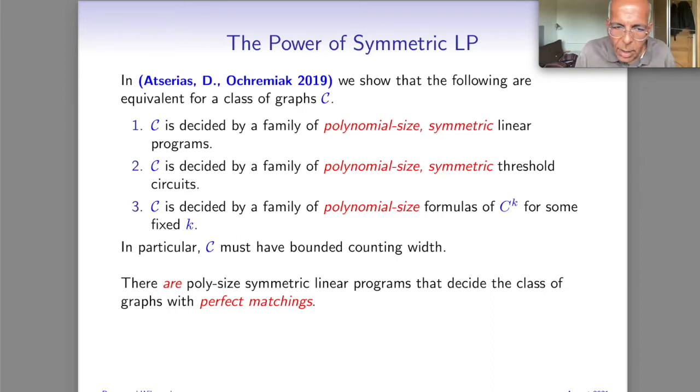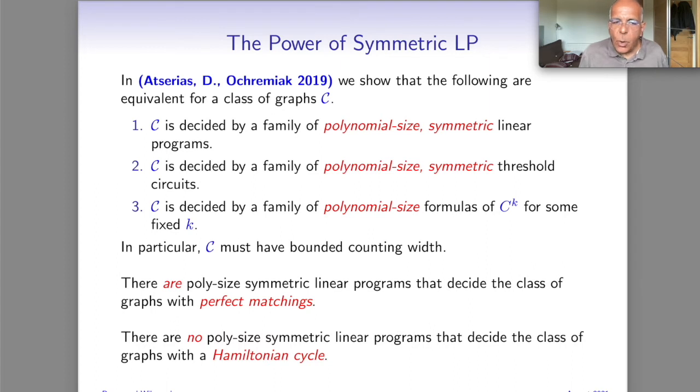For the extended formulations of the convex hull of the matching polytope, we have exponential lower bounds, but here we have symmetric linear programs that decide the class of graphs. I should say this is a consequence because the property of having perfect matchings, or even calculating the maximum size matching, is definable in FPC, but I haven't shown you that, and I will.